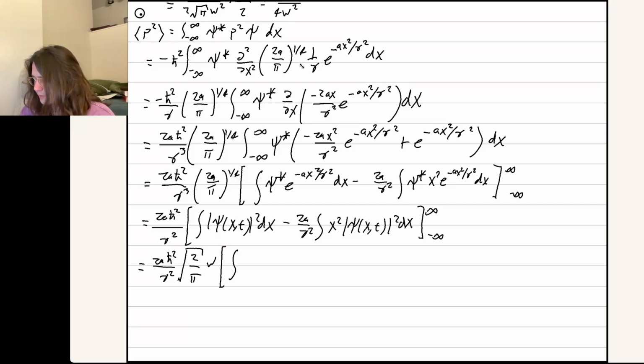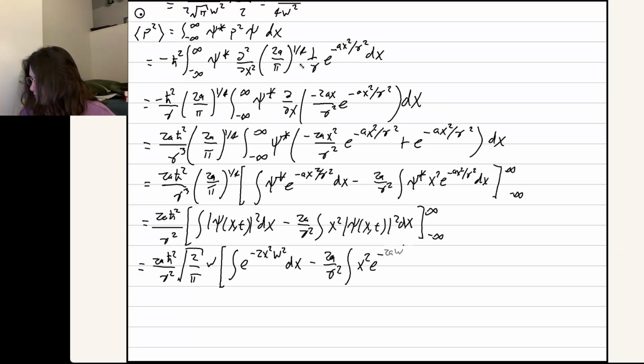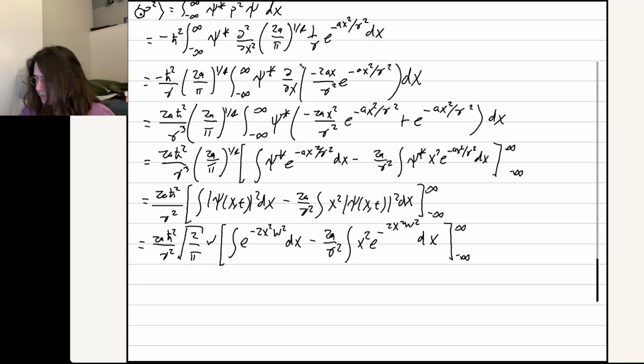We'll have an integral of e to the minus 2x squared w squared dx minus 2a over gamma squared integral x squared e to the minus 2x squared w squared dx. And I'm going to use the same u sub as before that I did for my other mod squared psi integral.